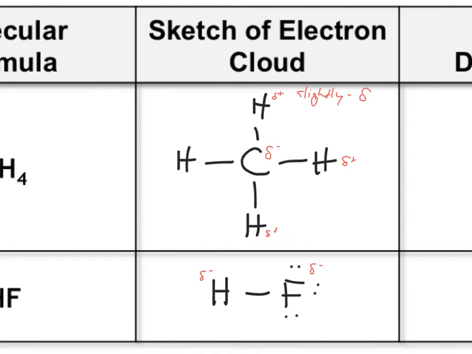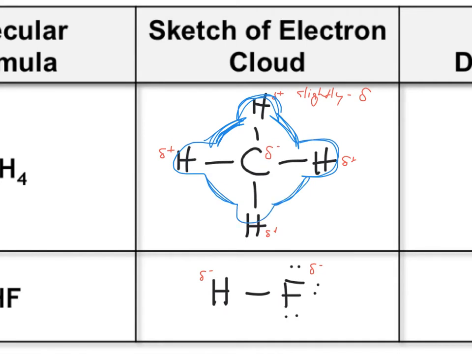The slightly negative one is going to get more electrons more of the time. So the electron cloud is going to bulge more around the carbon. I'm doing a really terrible job of this. And it'll be smaller around the hydrogens, but the carbon's share of electrons will be more.